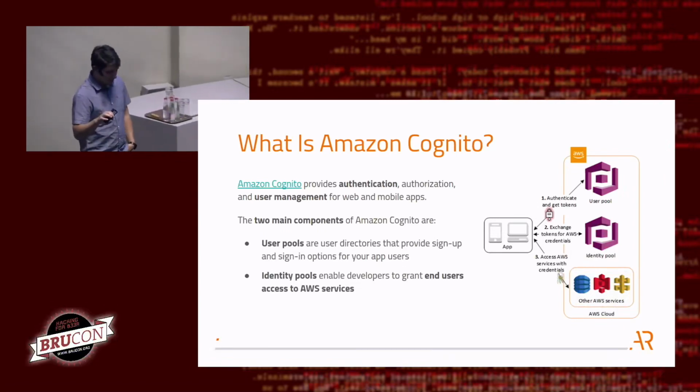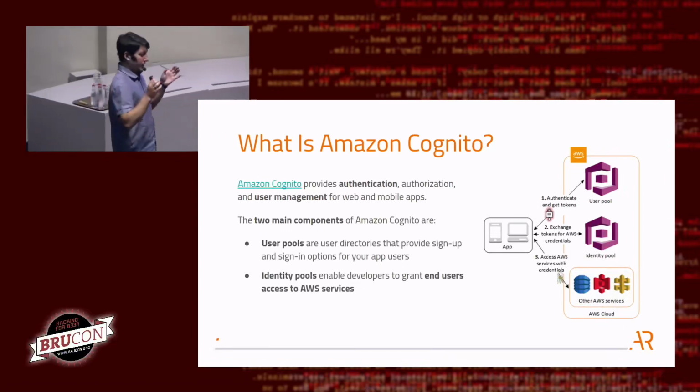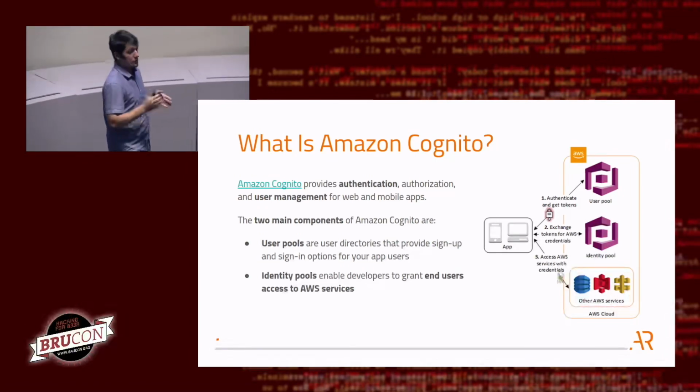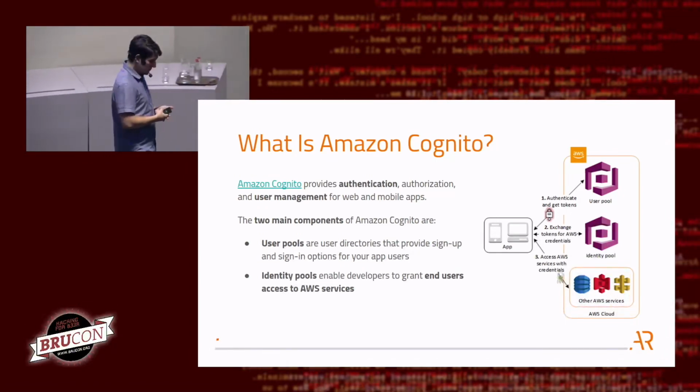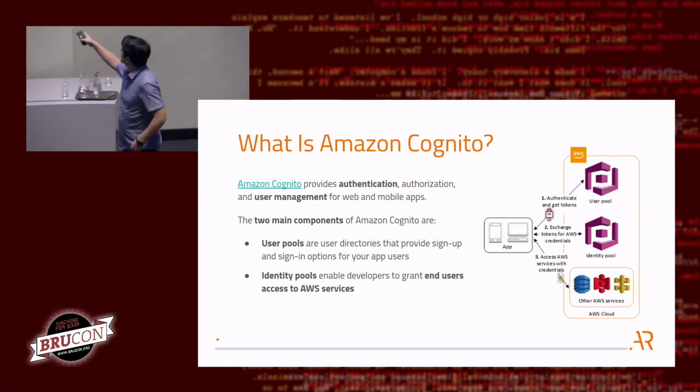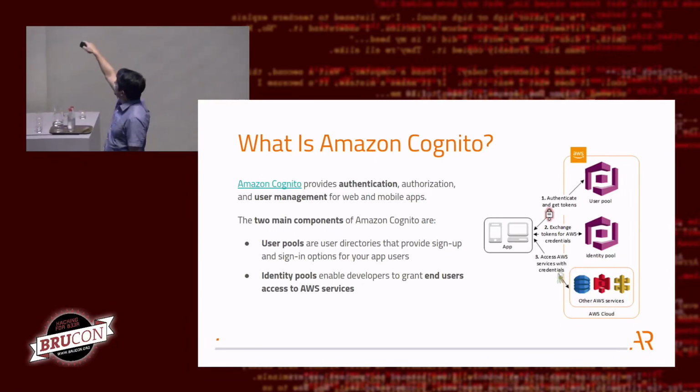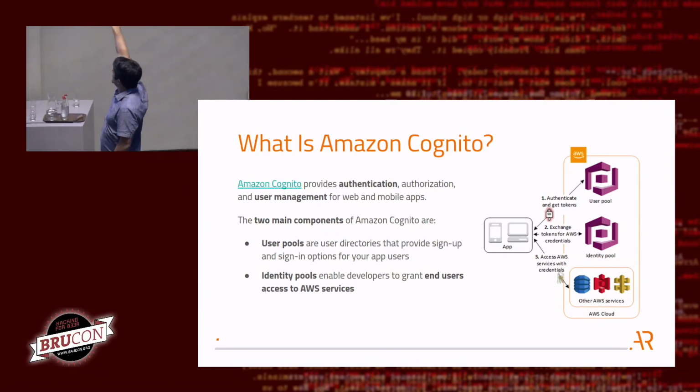And then you have identity pools. The identity pools are the component that allows users to get AWS credentials. And it works like this. In that graph, you see how the application is going to first authenticate against the user pool. It gets a token from that user pool.